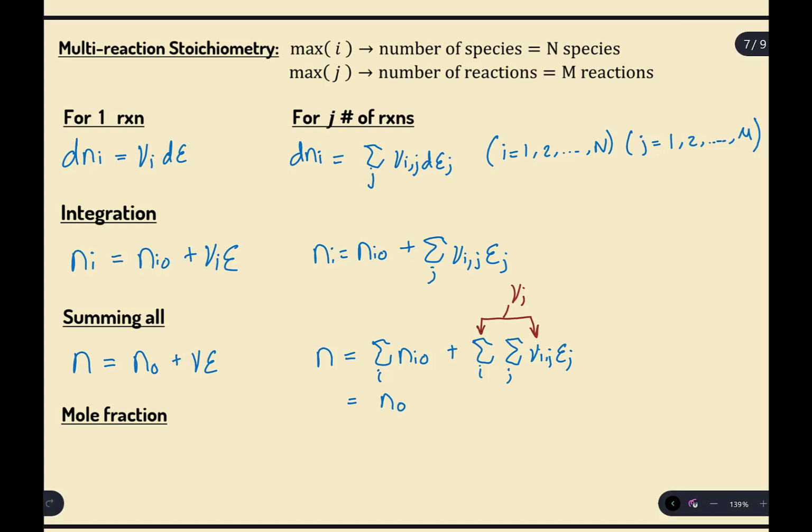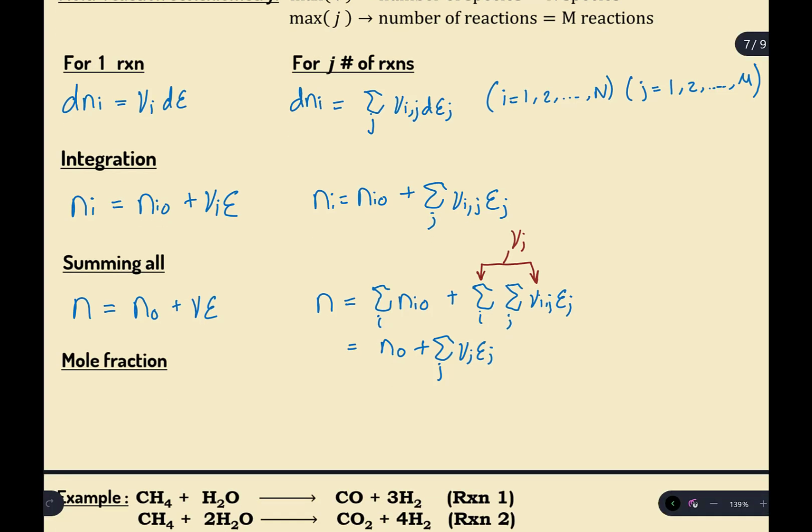So it simplifies to plus the summation for every reaction of Vj epsilon j. So that's for multiple reactions.